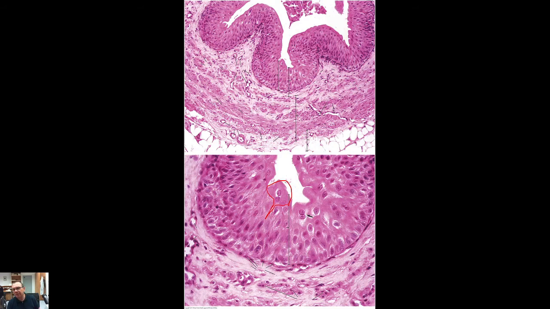Originally it was described, or some time ago it was described, that this process is touching the basement membrane, and so this epithelium is in fact pseudostratified. But now we know that during differentiation these superficial cells lose their contact with the basement membrane.